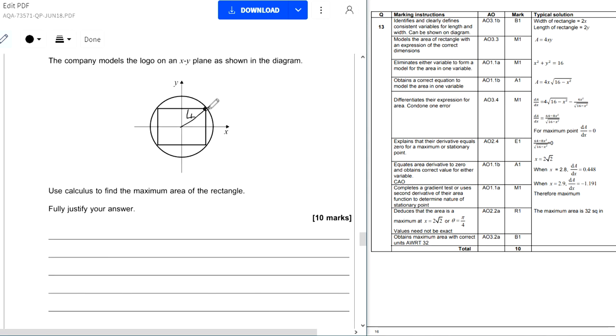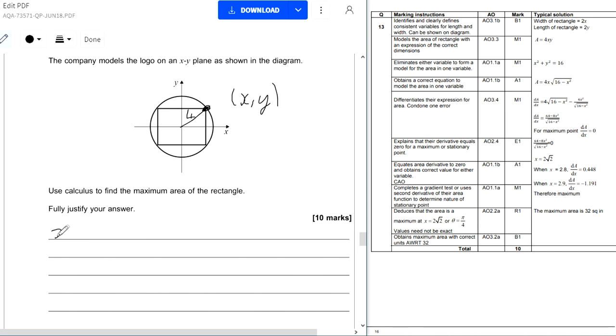If I focus on this coordinate here and write a general equation for it, that's going to be the general point (x, y). The reason I'm using that is because then I can create a condition for the area of the rectangle in terms of x and y, and I can also say something about that point being on the circle.